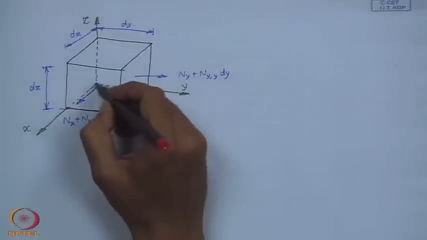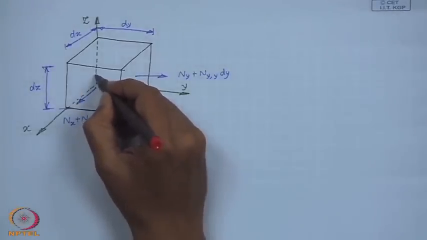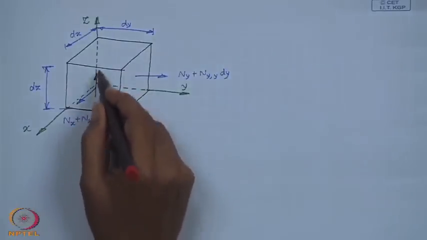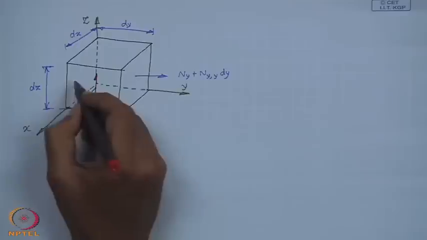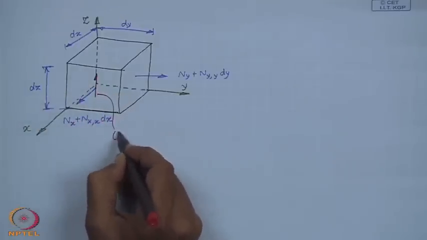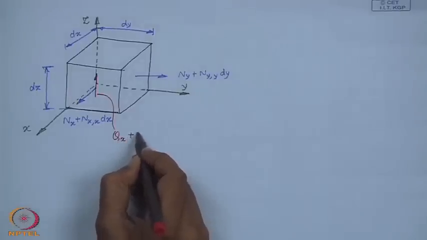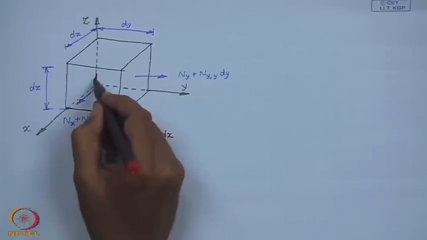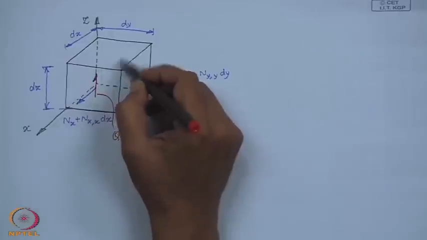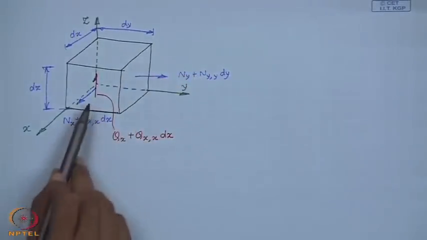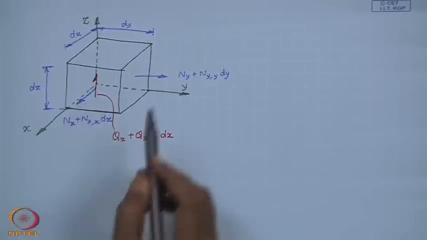Now, the resultant because of the shear stress on this face is up, on the opposite face it will be down, that will be q x, and this is q x plus del q x del x dx.